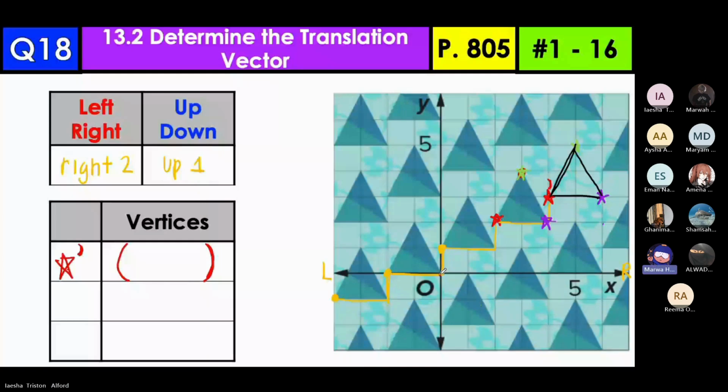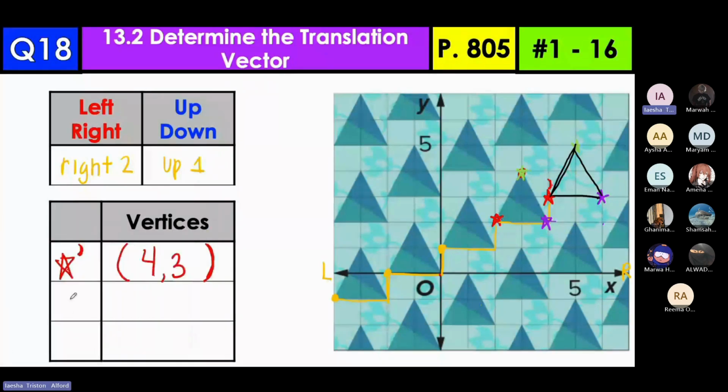Not this one, this one here, up here. +4 and +3. So we go right 4 and up 3. So +4, +3.